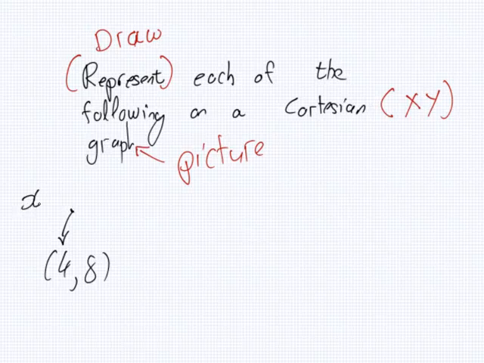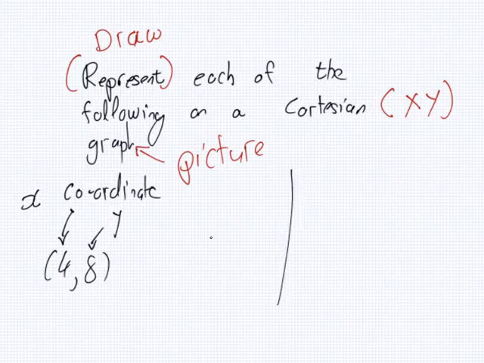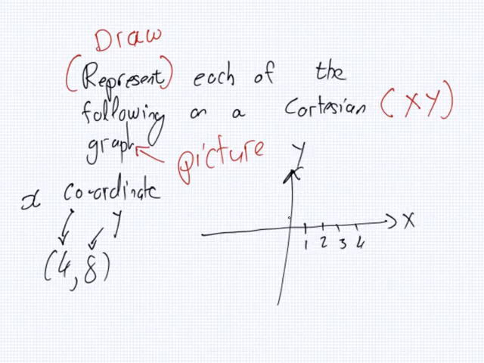And here, if you want, you can go up as 2, 4, 6, 8. So my answer would be here, 4, 8. Do you understand this, Bill? Yeah. So the 4 is out here, and then the 8 is up here. 4 and 8.